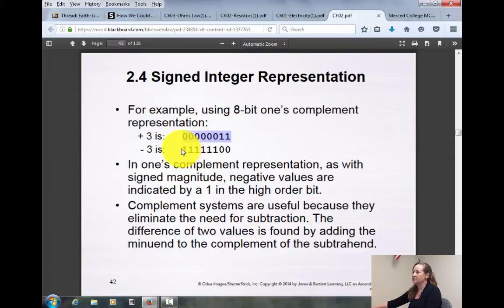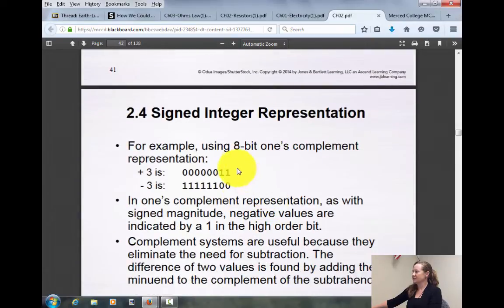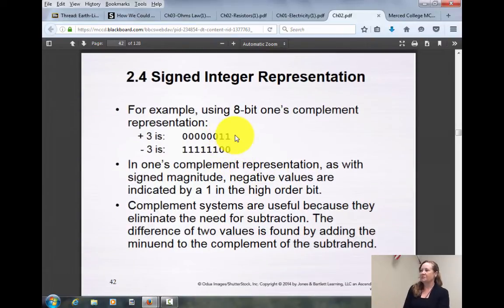And what did you notice right here? You just flipped each bit. So you actually did subtract it, right? But you can just think, okay, all my 1's became 0's and all my 0's became 1's.